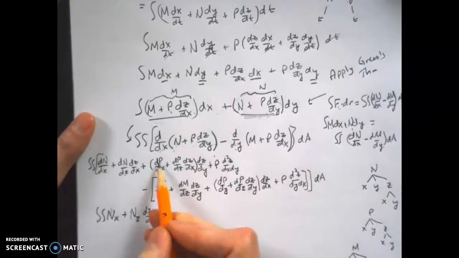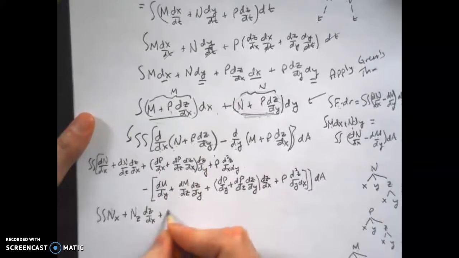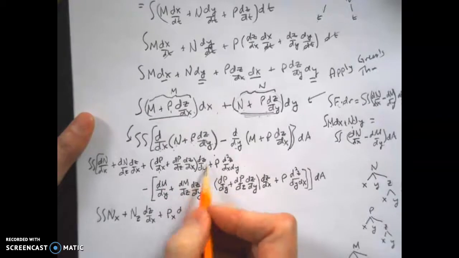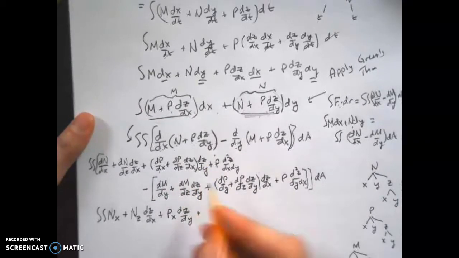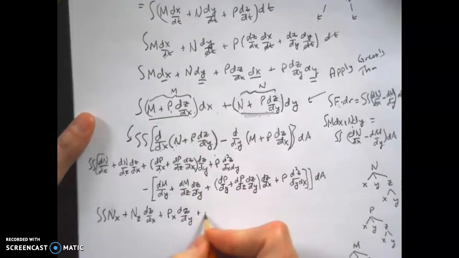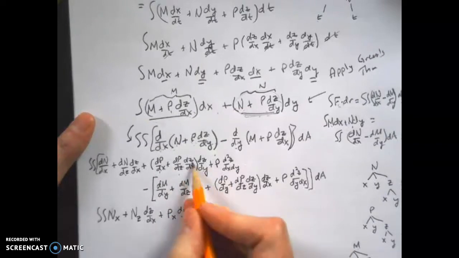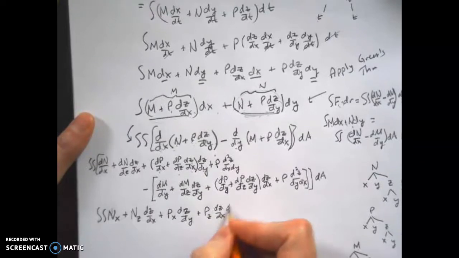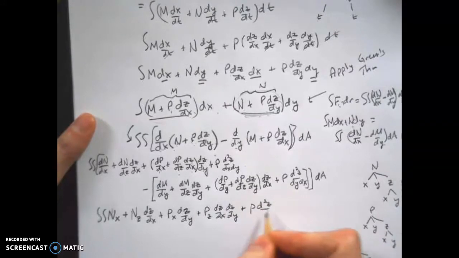Okay, now I've got dp dx, dz dy, plus, now I've got dp dz, dz dx, dz dy. Okay, and then plus p d squared z dx dy.